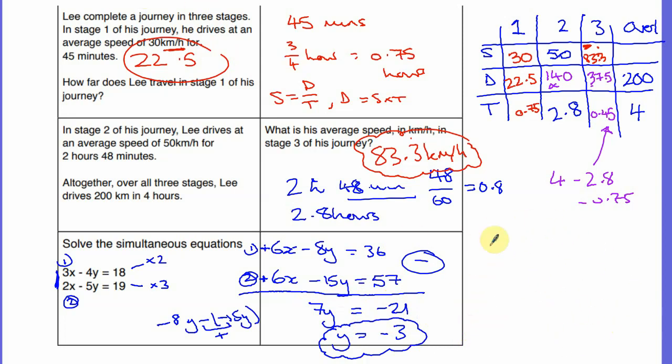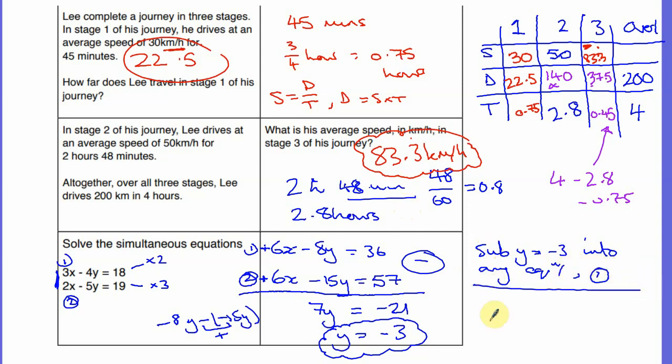We then need to substitute y equals minus 3 into any of the equations we've got. I'm going to substitute it into equation 1, just because I think that might be the easiest, who knows. So 3x minus 4 lots of minus 3 equals 18.